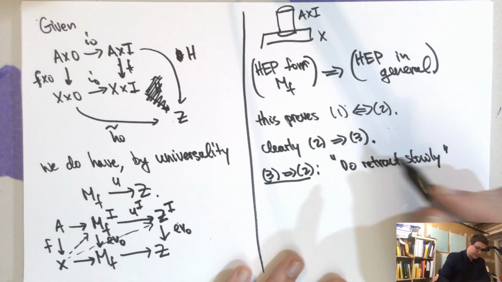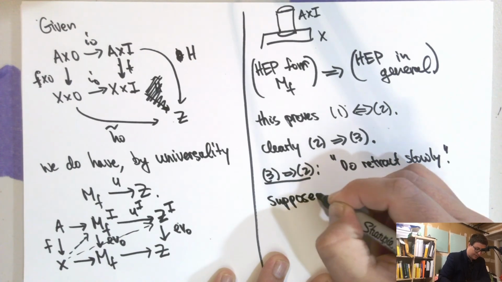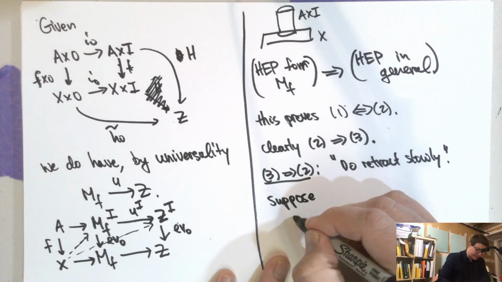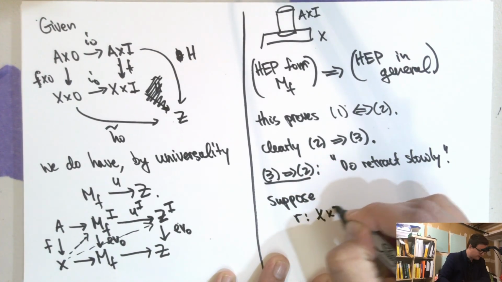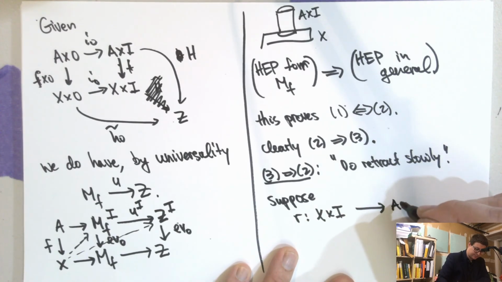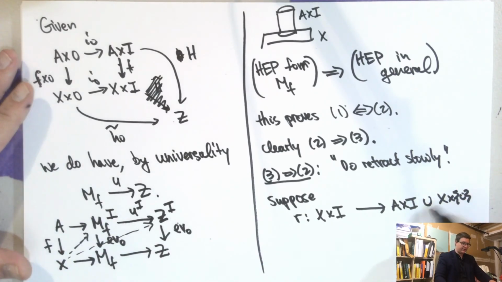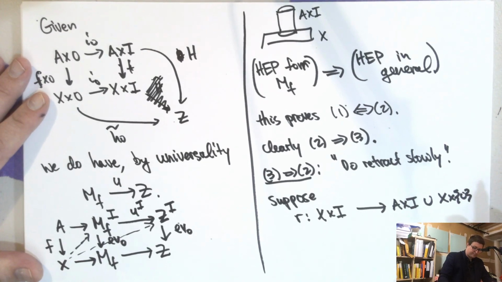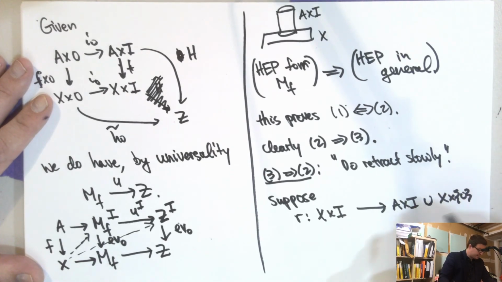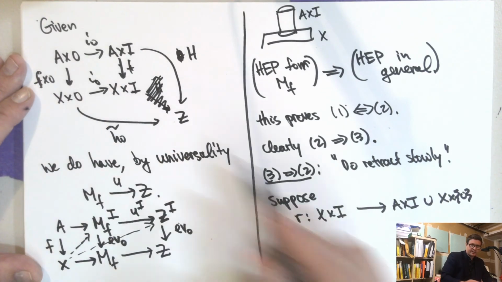So suppose that we have just a retract, not a deformation retract, of X cross I into this mapping cylinder, but kind of flipped with the 0 and 1. Okay. All right. So sorry if I'm not being consistent here. This is the same thing as X cross 0. I've been writing it like this over here.